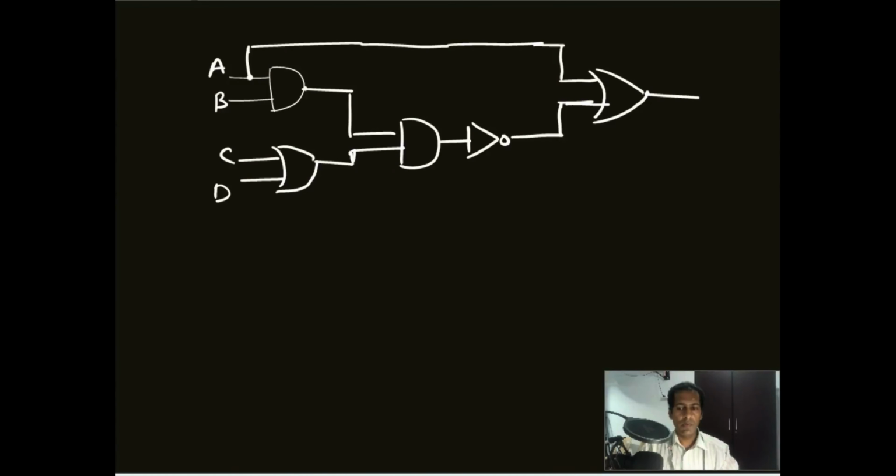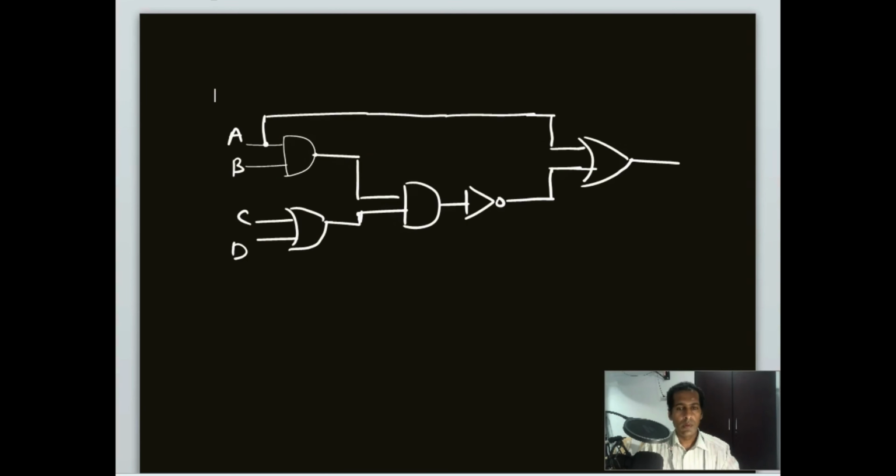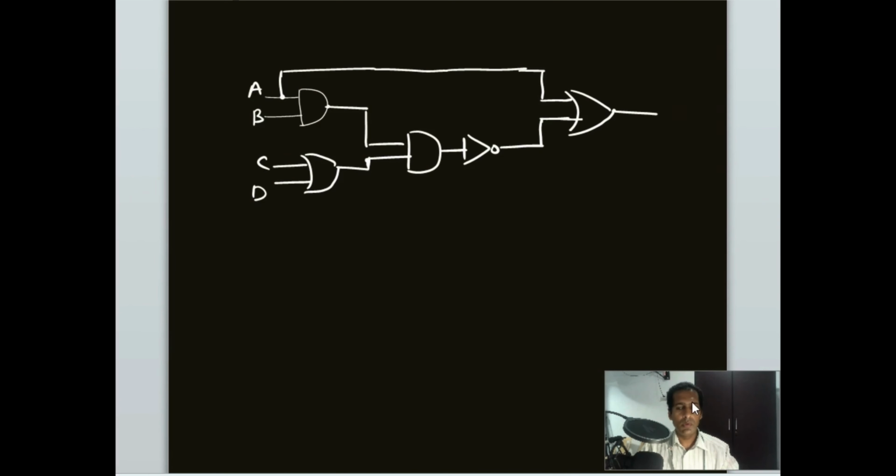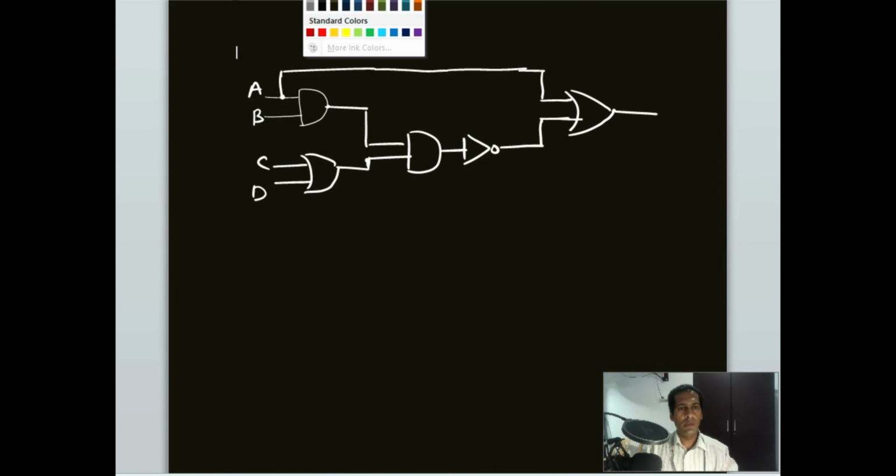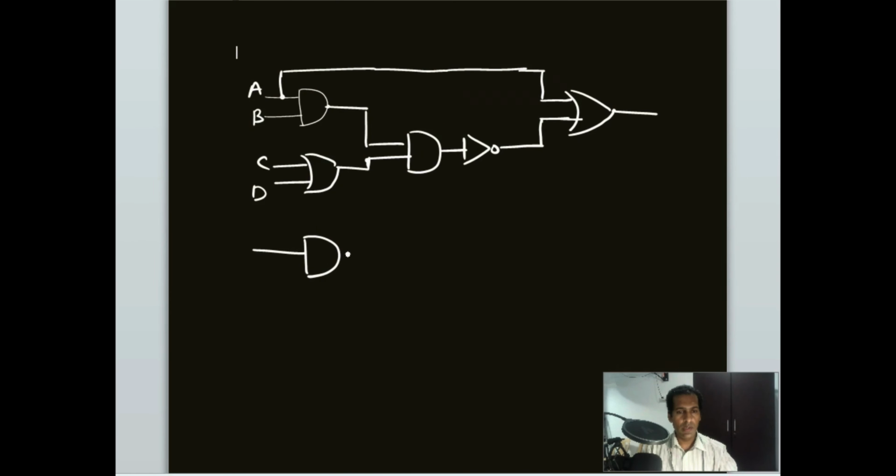So now, on the big canvas, we can see this circuit, which we have to convert into complete NAND. First stage, we will put a bubble at the end of all AND gates and at the beginning of OR gates. Here we have the first AND gate. At the end of the AND gate we put a bubble, and this input stays as it is.